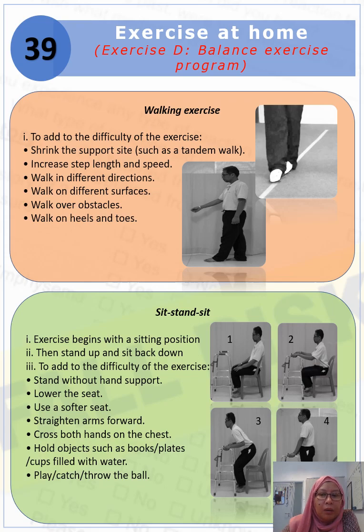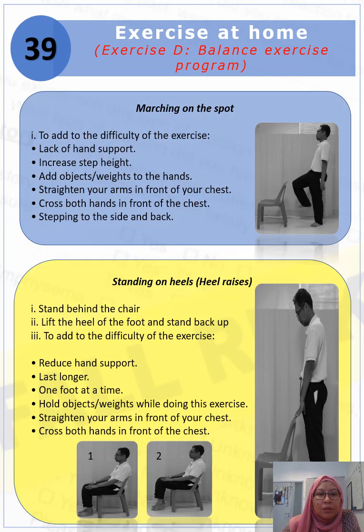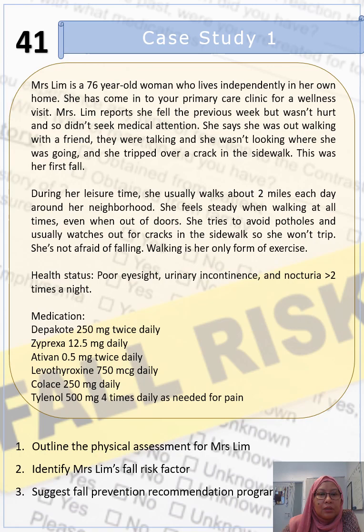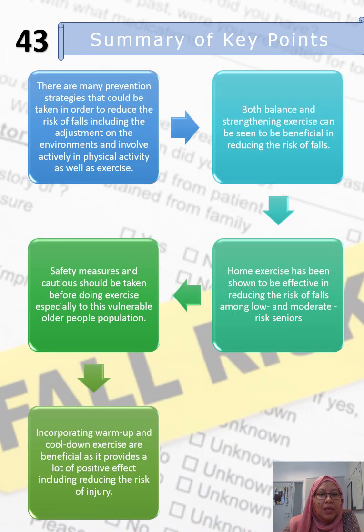You can walk backward, sideward, sit, stand and sit repeatedly, marching on the spot, standing on heel raises, squat while leaning against the wall. Do not bend the knees more than 90 degrees. Okay, so that's some of the exercises.